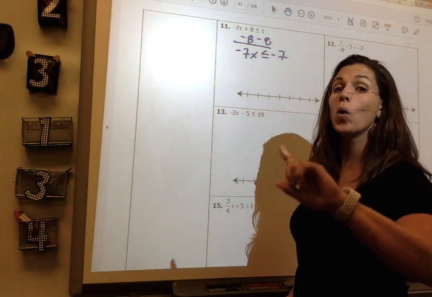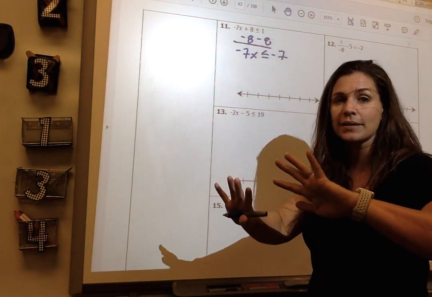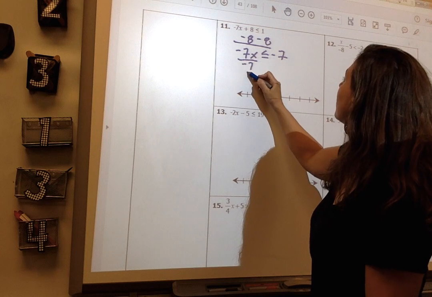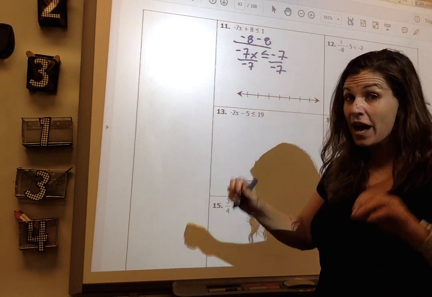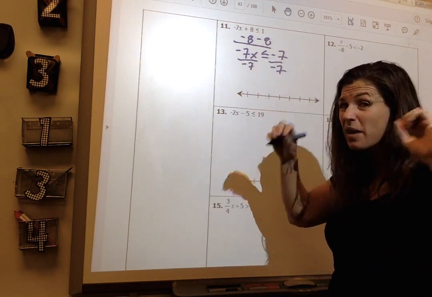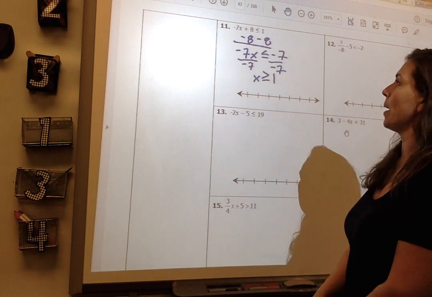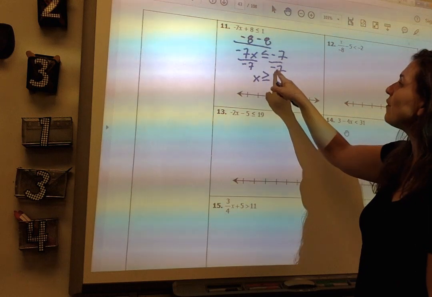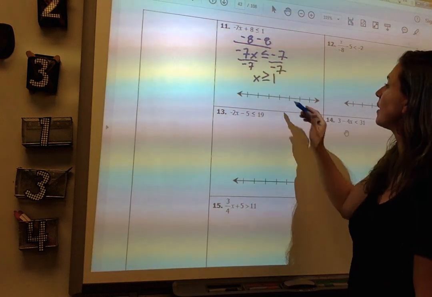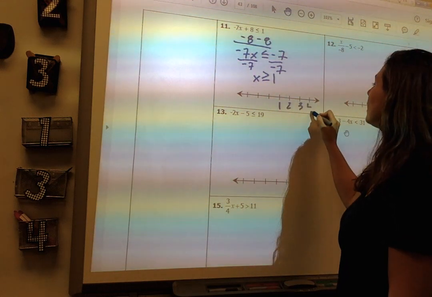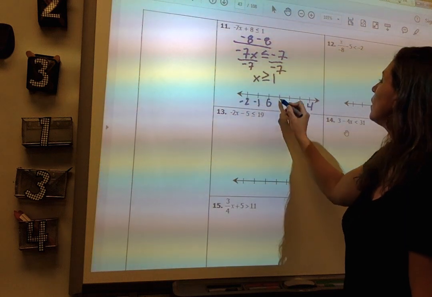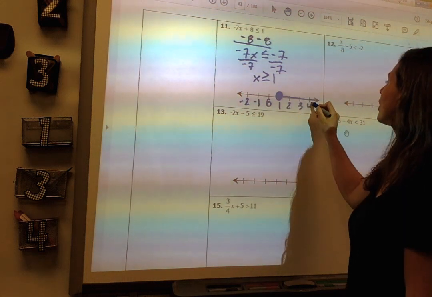If I multiply or divide by a negative, I gotta flip my sign. So here I'm going to divide both sides by a negative. When you divide, a light bulb should go off. Flip your sign. So x is now greater than or equal to 1. I fill out my target number line, closed circle on 1, shade to the right.